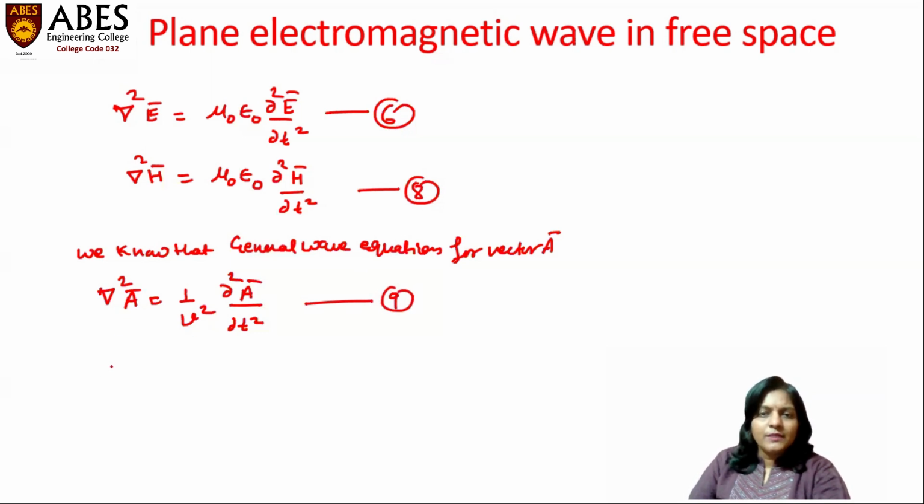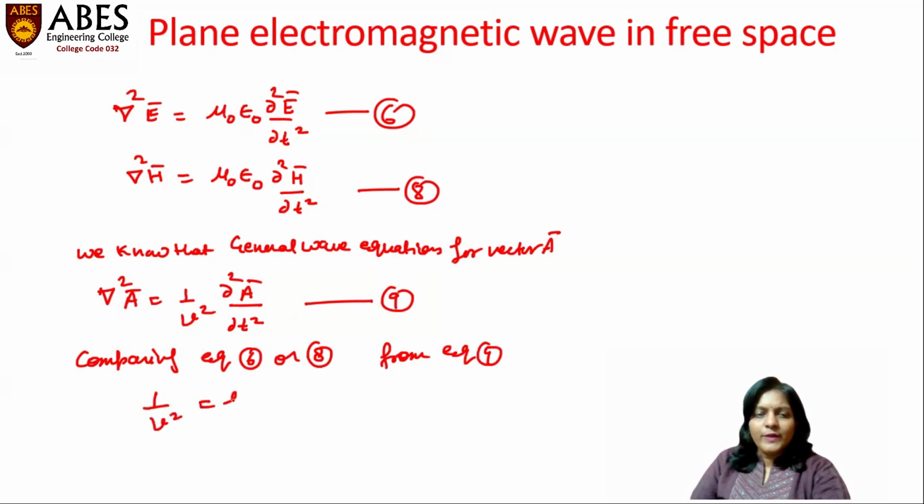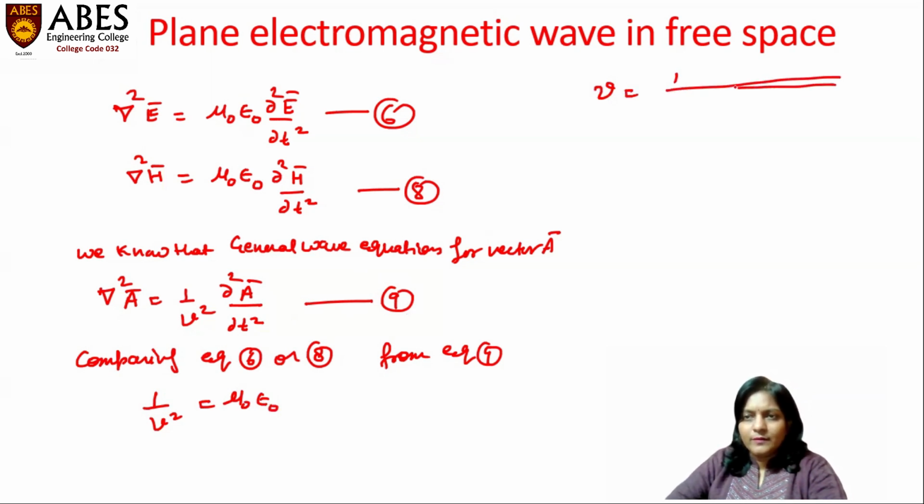Compare equation number 6 and 8 with equation 9. On comparing, it gives 1 upon V square is equal to mu naught epsilon naught, and V is equal to 1 upon root of mu naught epsilon naught.